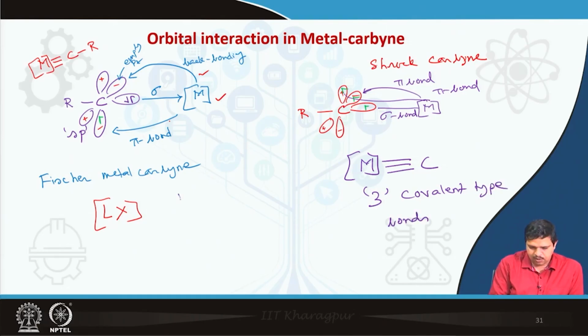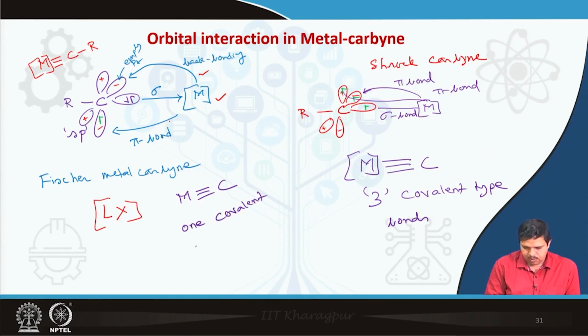And here you will see one covalent, and the other two: this is the sigma donation, one pi donation, one back bonding.